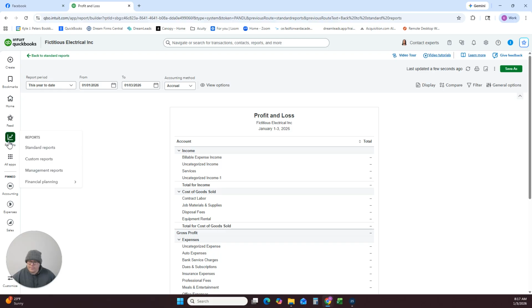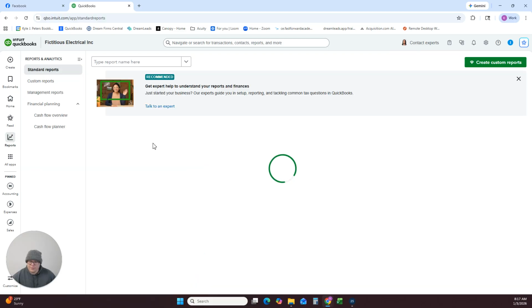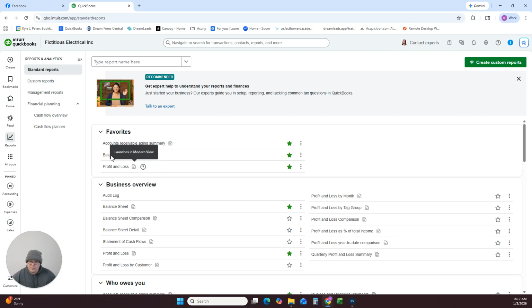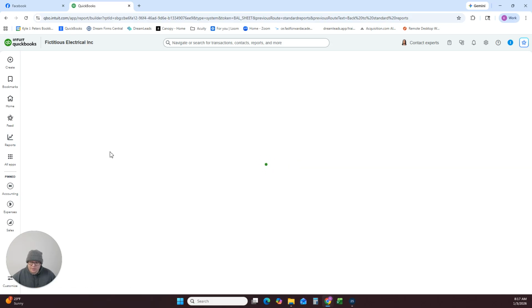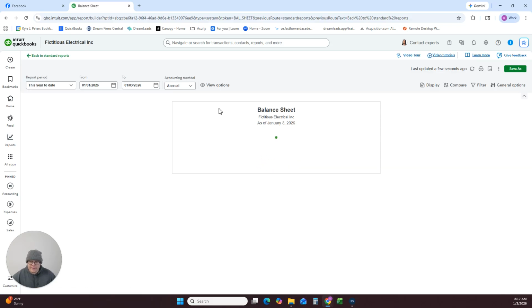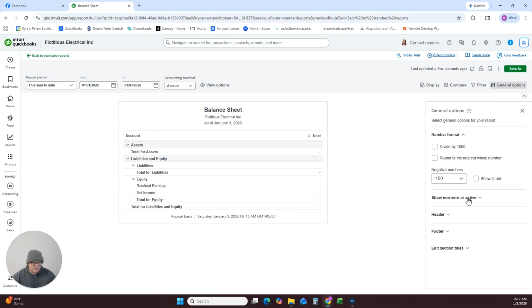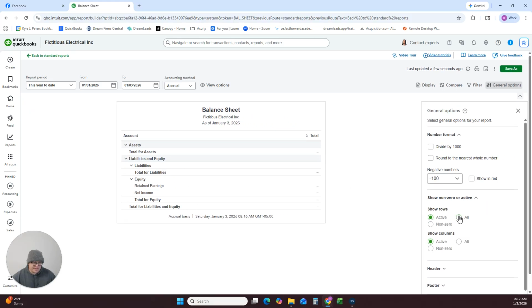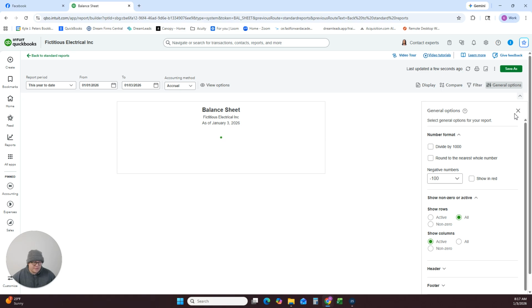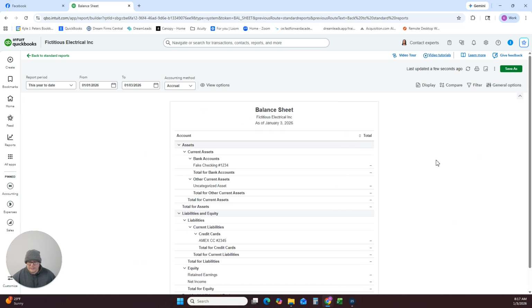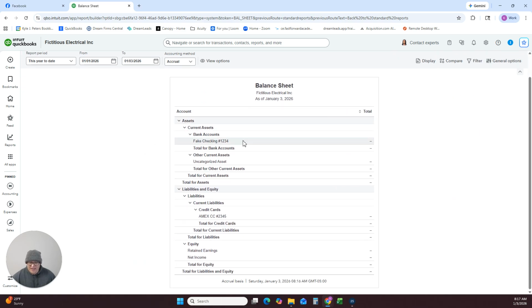And then let's just look at a balance sheet real quick. A balance sheet is what you have minus what you owe, and that gives you what's left over. Again, I'm trying not to make this too much of an accounting lesson, but this is important to know if you're running a business. So here's my fake checking account that I created, uncategorized asset.